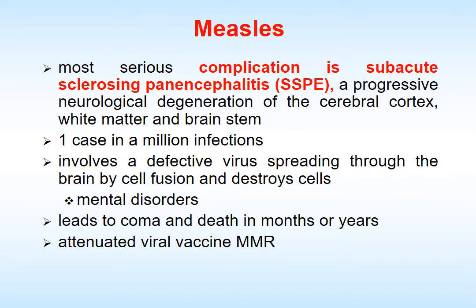The result of this process involving these viruses is mental disorders, and after some period of time this process leads to coma and death in months or several years. For prevention of this severe complication, an attenuated viral vaccine can be used.